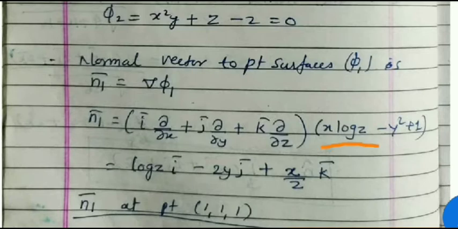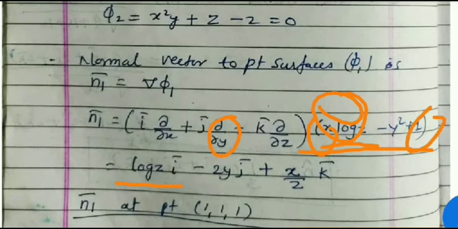The derivative of x log z with respect to x: derivative of x is 1 and log z is constant, so log z i. Second, with respect to y, this term is 0, this term is 0, and the derivative of minus y square with respect to y is minus 2y.